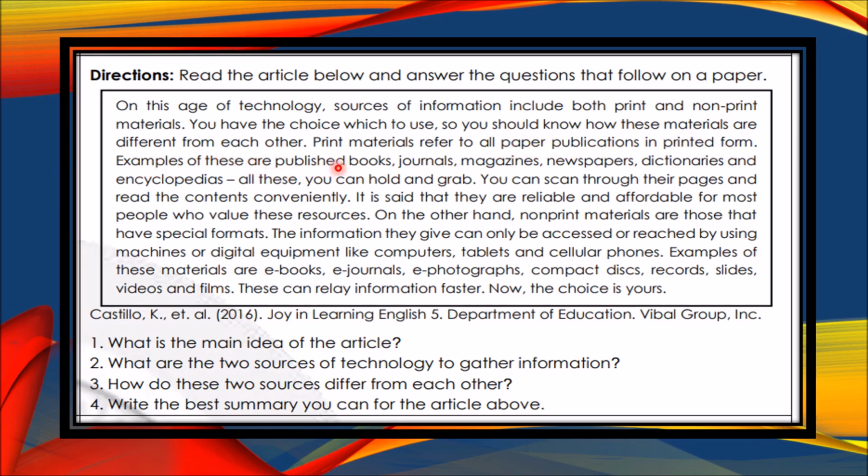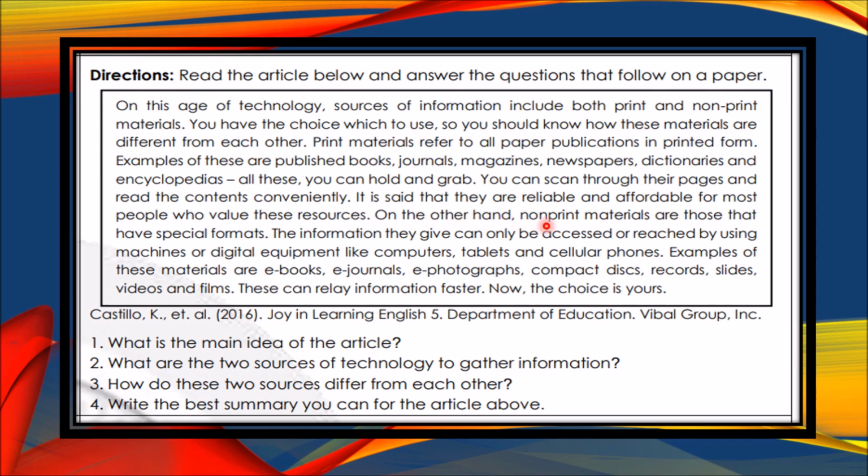Examples of these are published books, journals, magazines, newspapers, dictionaries, and encyclopedias. All of these you can hold and grab. You can scan through their pages and read the contents conveniently. It is said that they are reliable and affordable for most people who value these resources.